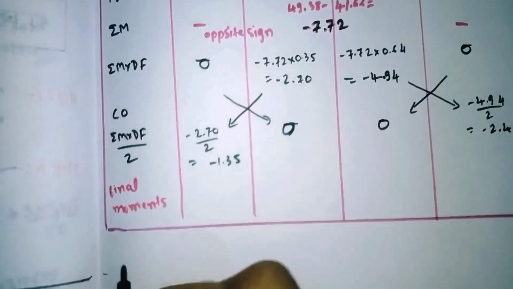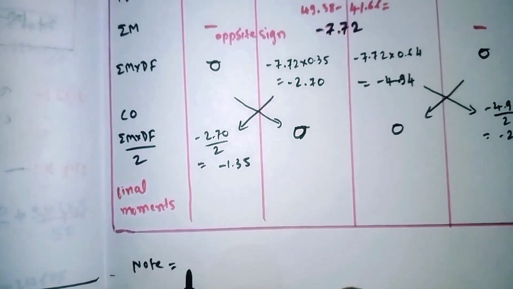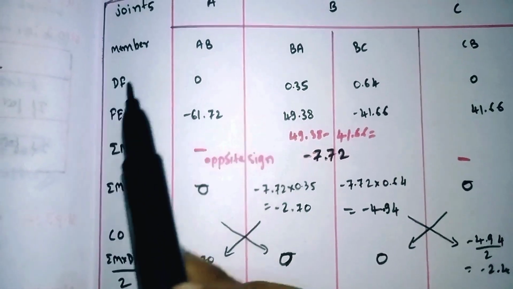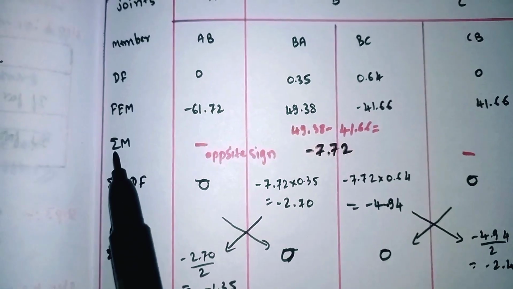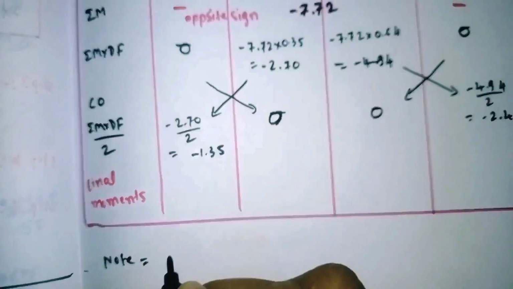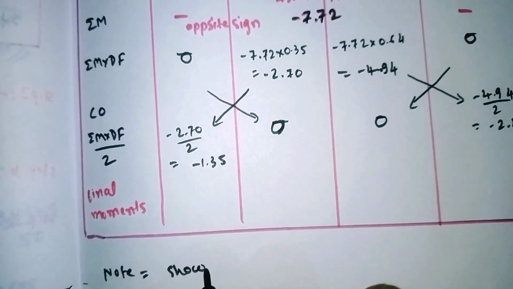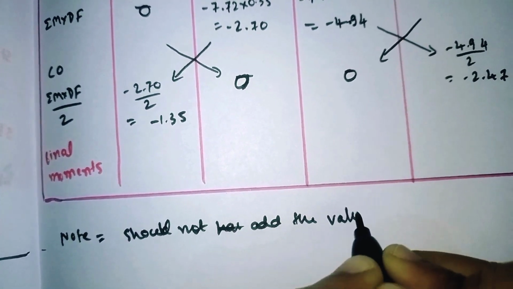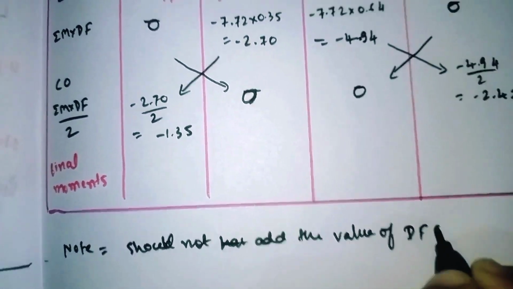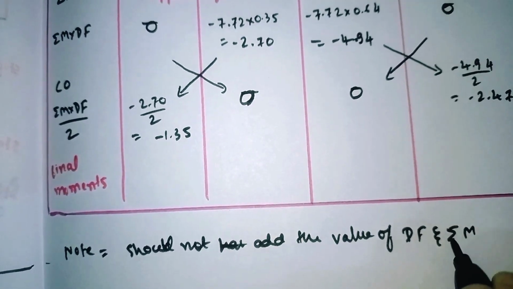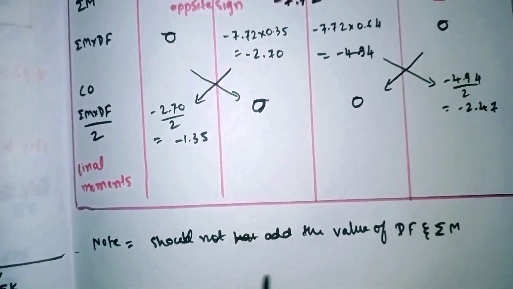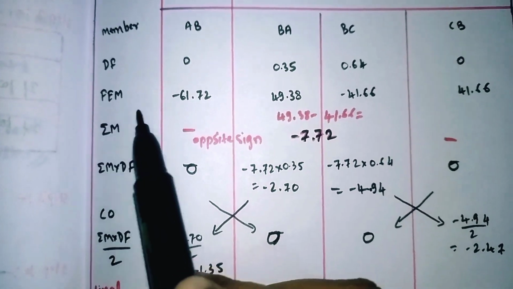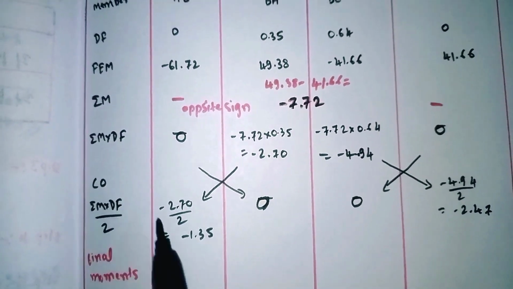For that, always remember one note: while calculating the final moment, you should not add the value of DF and summation of M. It means we have to only add the fixed end moment and here the carryover.